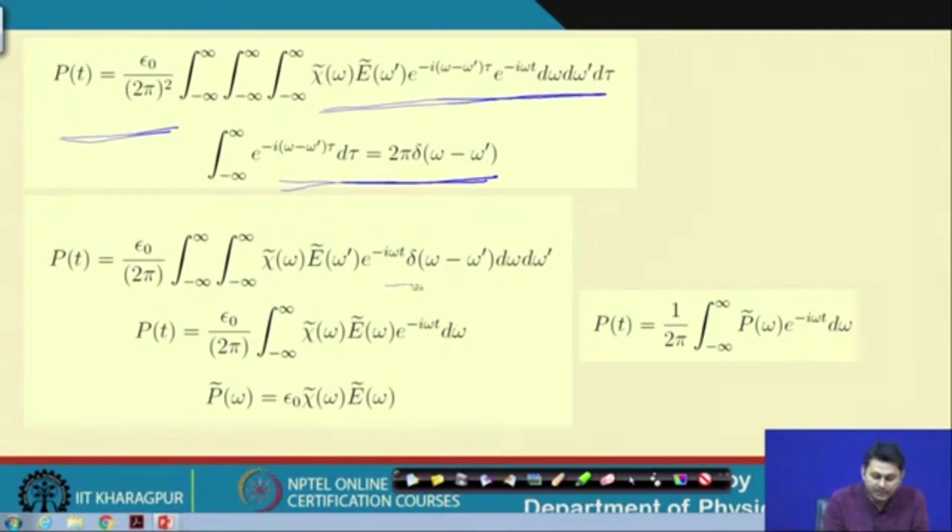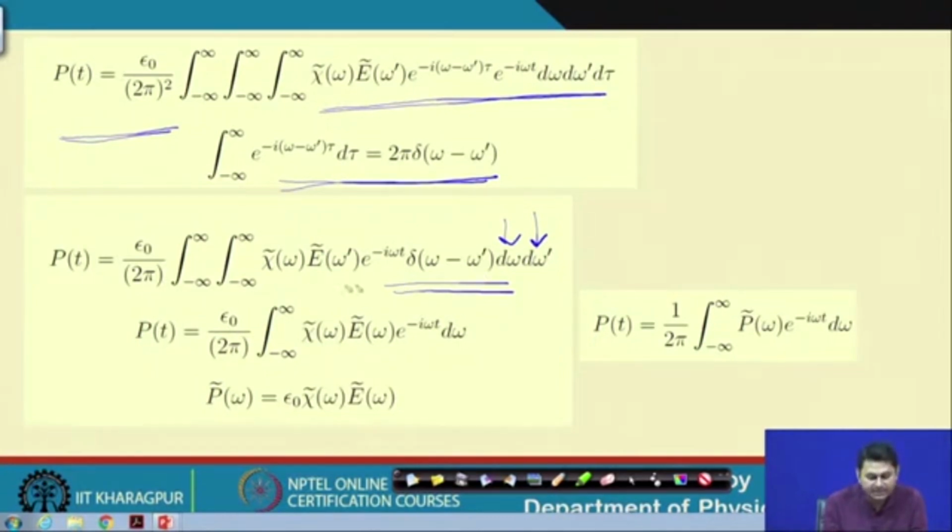When I write this delta function and integrate, the d tau integration is gone, because in place of it I put 2 pi delta(omega minus omega prime). So, only two integrations remain, one over d omega and another over d omega prime. The d tau integration is gone because I am using this delta function.